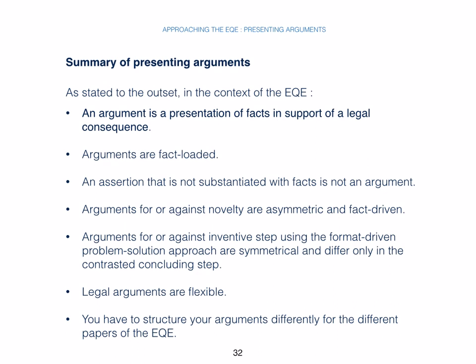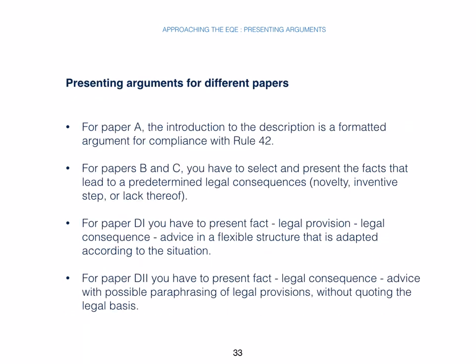Let's now consider how to present arguments for the different papers. For paper A, as mentioned earlier, the introduction to the description is a formatted argument for compliance with Rule 42. So you should generate your introduction bearing Rule 42 in mind.